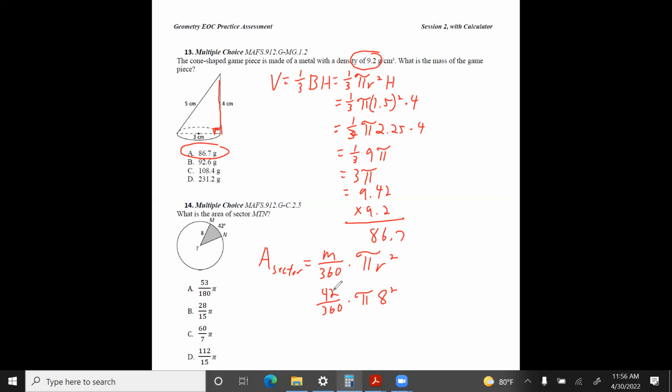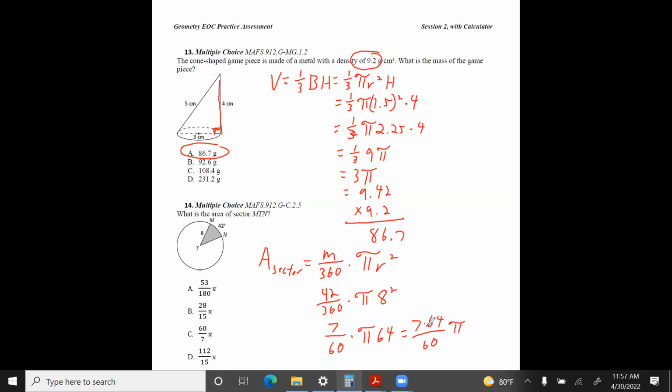So we can divide the top one by 6 and we get 7. Divide the bottom one by 6 and we get 60. So now we still have the 8 squared, which is 64. So now multiply 64 to the top with the 7. So I have 7 times 64 over 60, and pi.